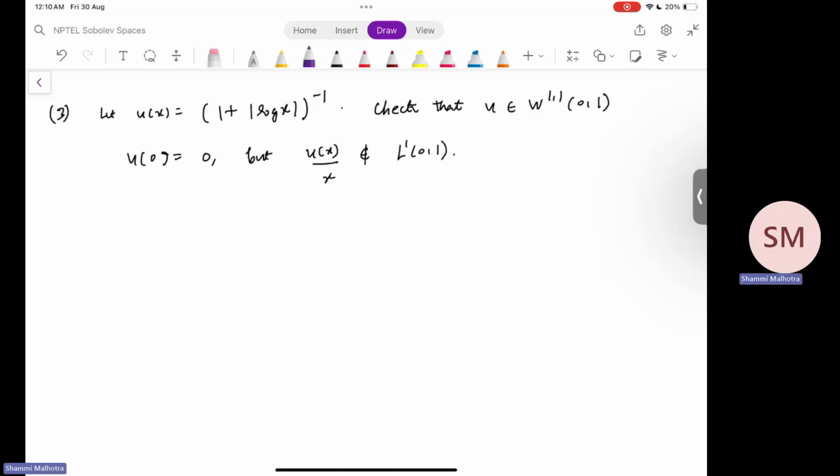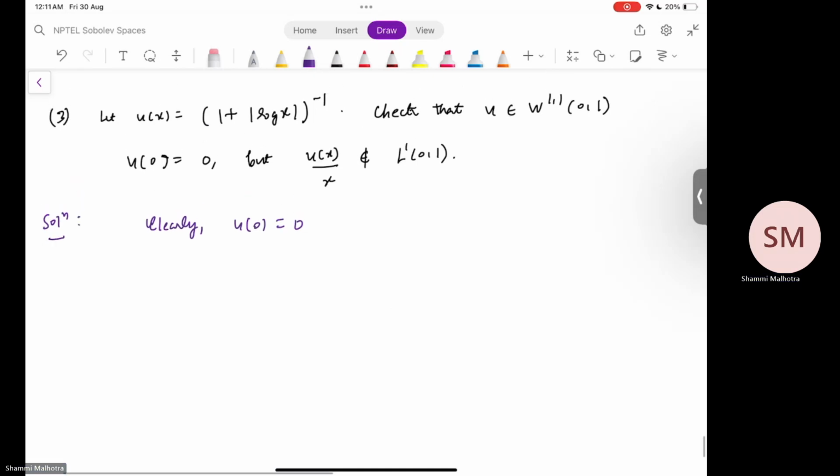So first of all, let us go through the solution for this. Clearly one thing is clear: u(0) is 0. That is in terms of a limiting process, but this is very direct.